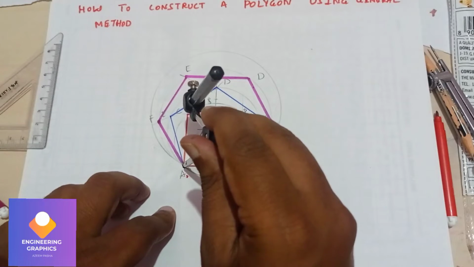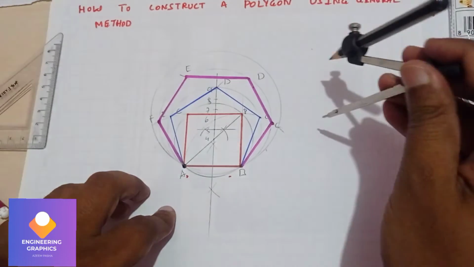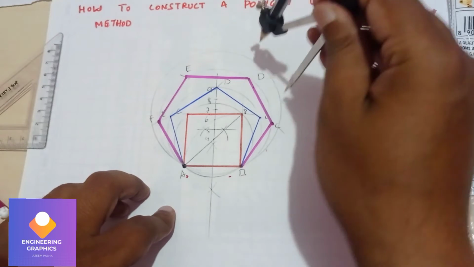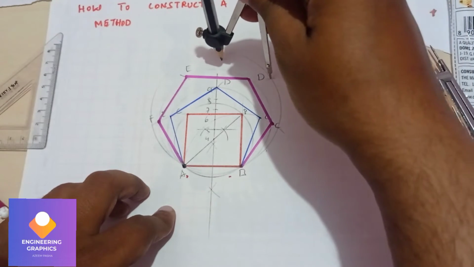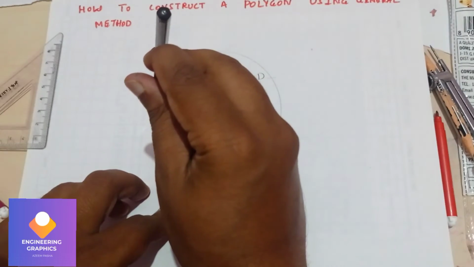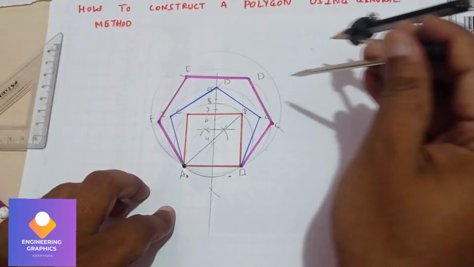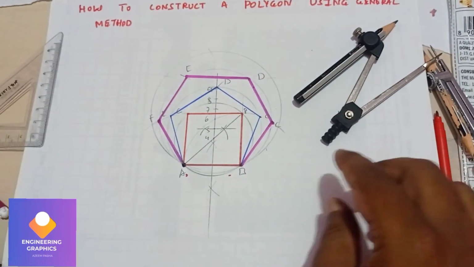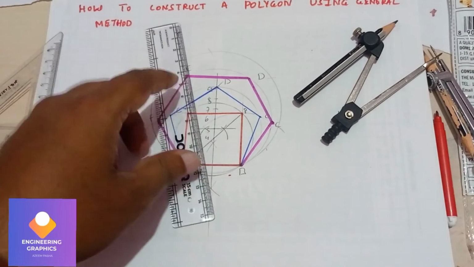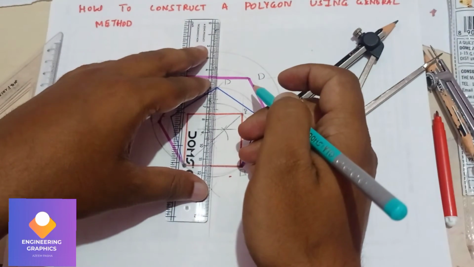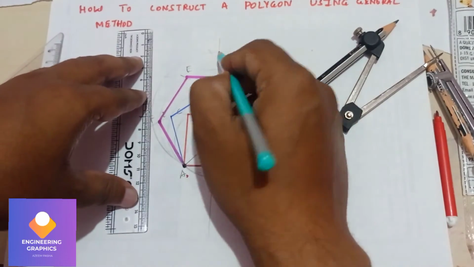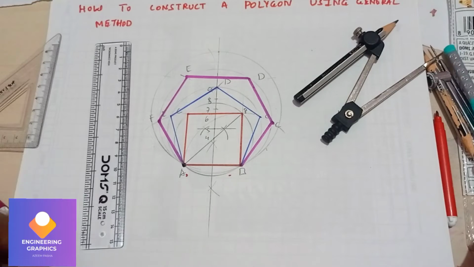Start cutting the arcs. You can see at this point it's not intersecting, so what we do is draw and extend this line a little bit upward, and to this point we are going to join it.